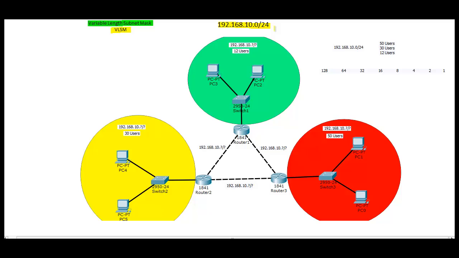That's subnet mask 255.255.255.0. And for this one, we'll provide you with a number of 254 hosts or 254 usable IP addresses.